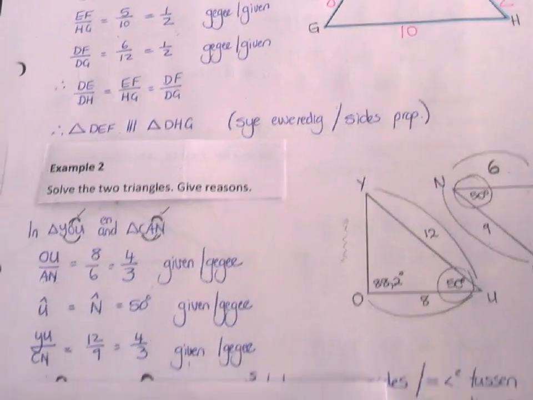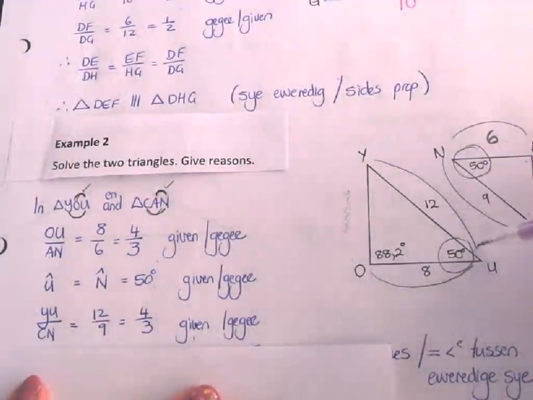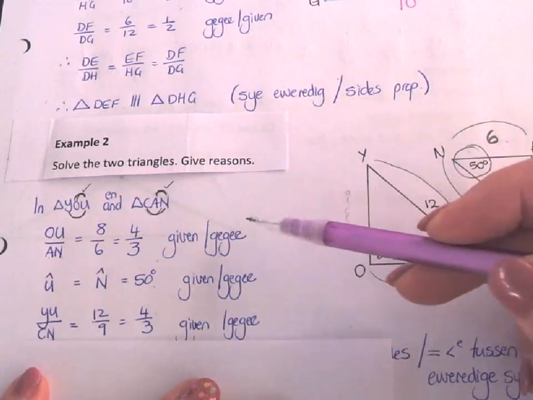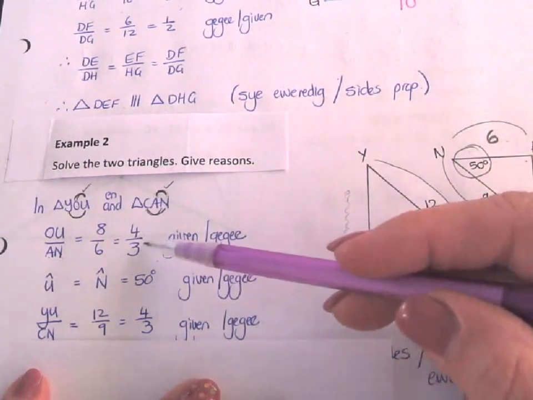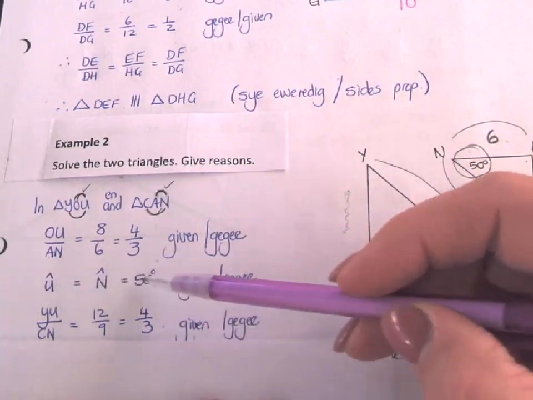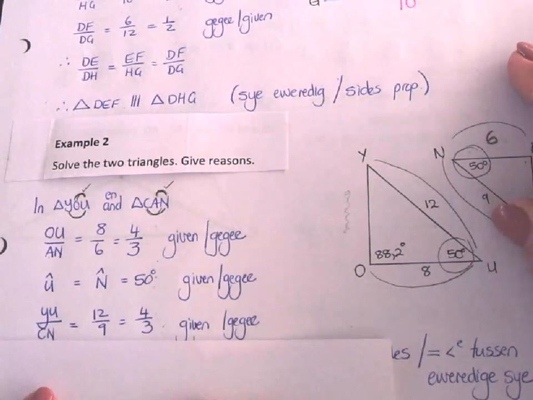We look at this proportion and we have an included angle, and then we look at the other proportion. If we have the same answer to the proportions and the same answer to the included angles, then we have similarity.